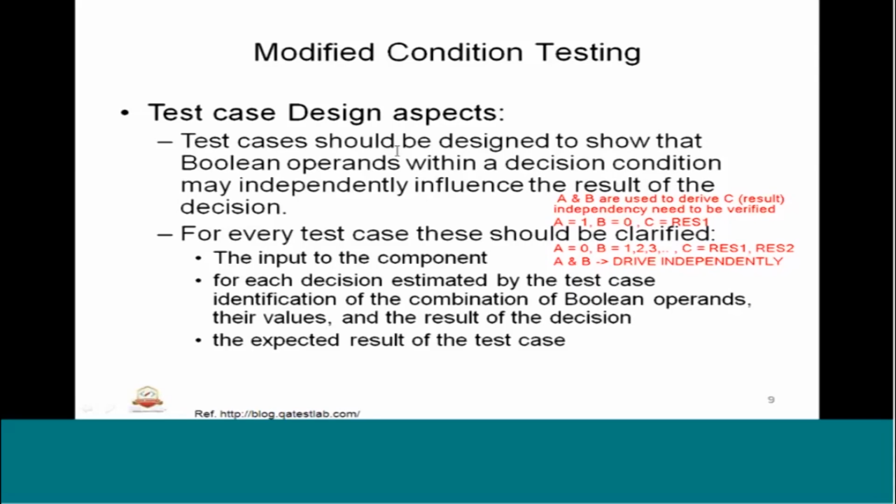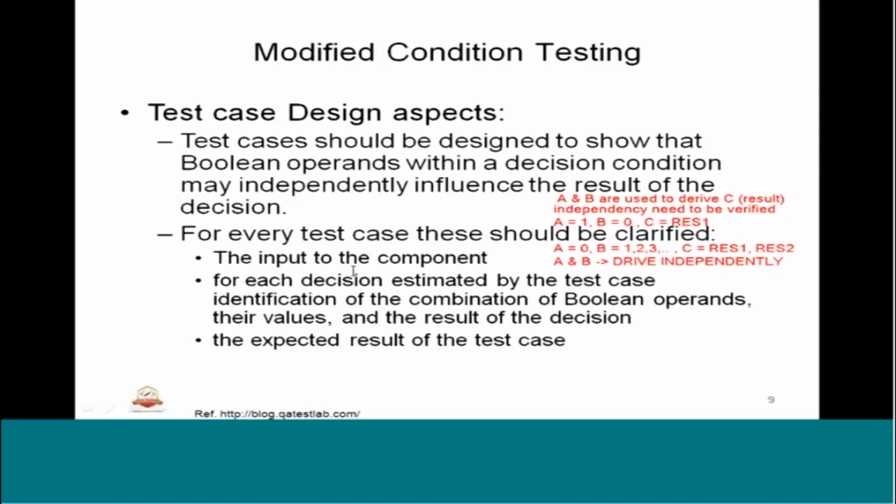Test cases should be designed to show that Boolean operands within a decision condition may independently influence the result of the decision. That means whatever I have put here is nothing but the Boolean expression having a Boolean operator as AND. So we are going to verify the operands for their independency. For every test case, this should be clarified.